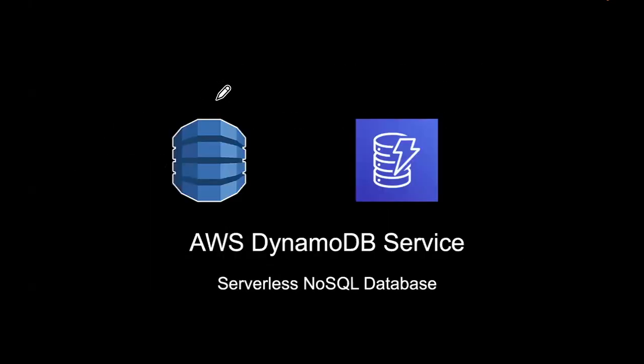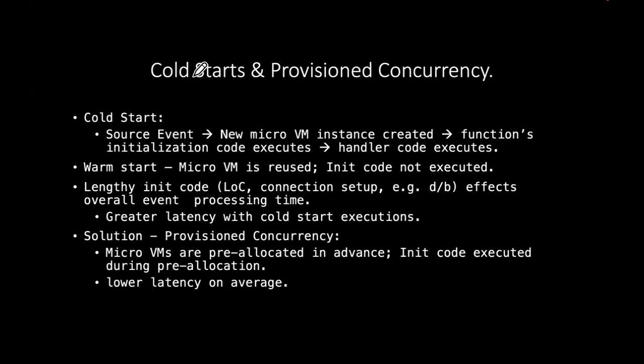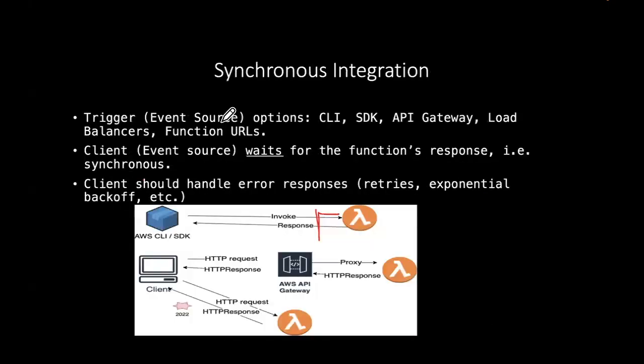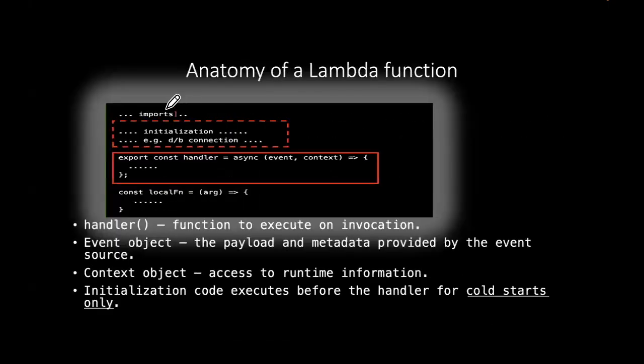I think this is the last one that we look at. We have something called cold starts. If I go way back to here, I talked about how when a Lambda function is triggered, the Lambda service configures a micro VM, loads the function, executes the initialization code first, and then executes the handler itself.